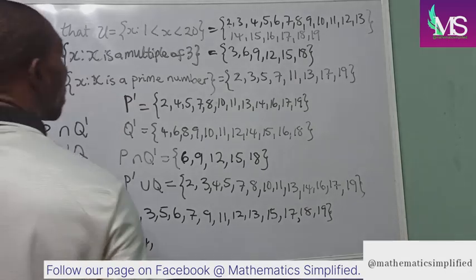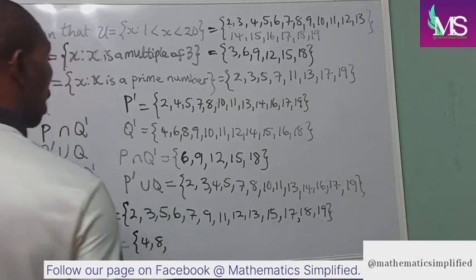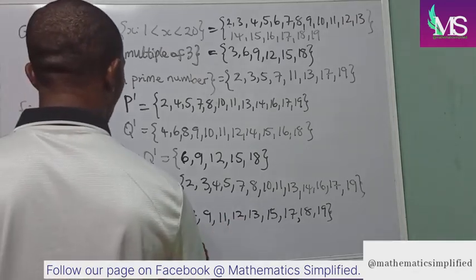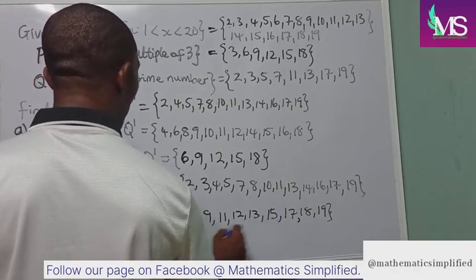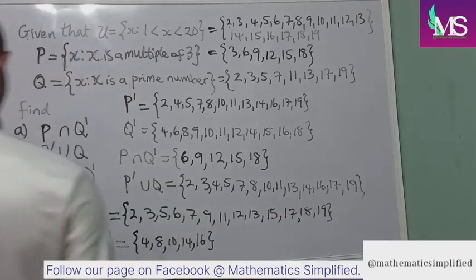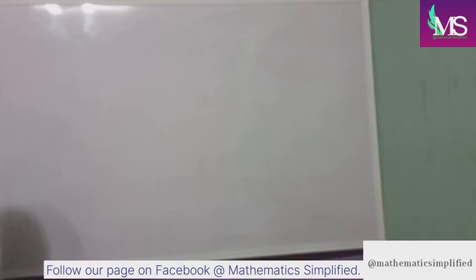We have 4, 5, 6, 7, 8, 9, 10, 11, 12, 13, 14, 15, 16, 17, 18, and 19. So our P union Q prime will become this. So that is the answer, the solution to question 1.